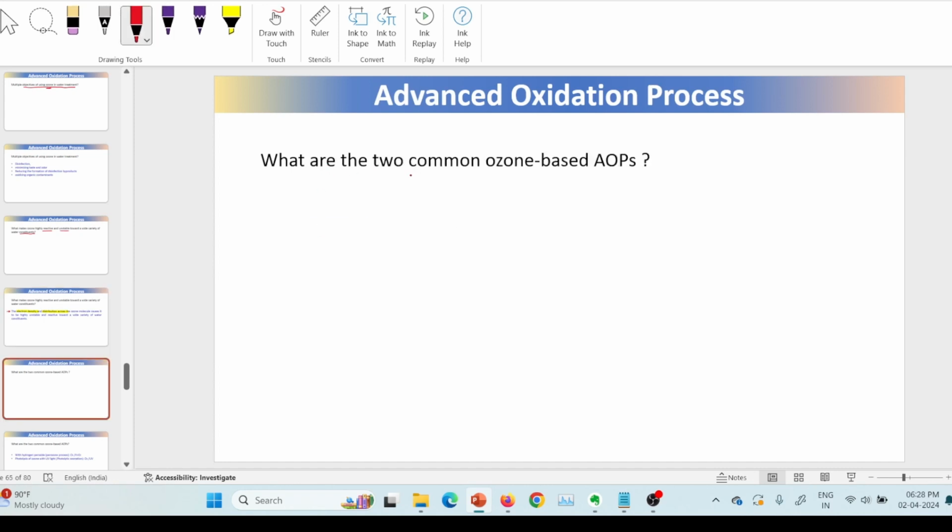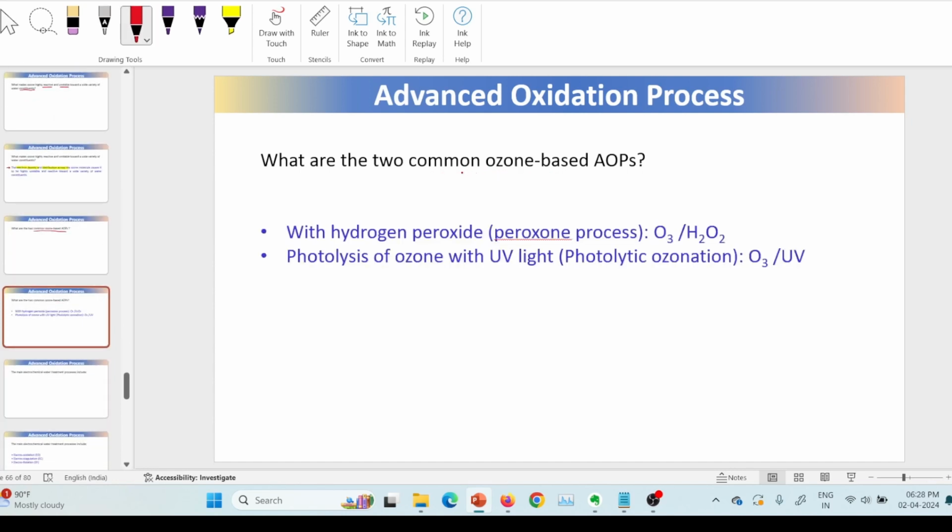What are two common ozone-based AOPs? Ozone can be used with hydrogen peroxide, H2O2.